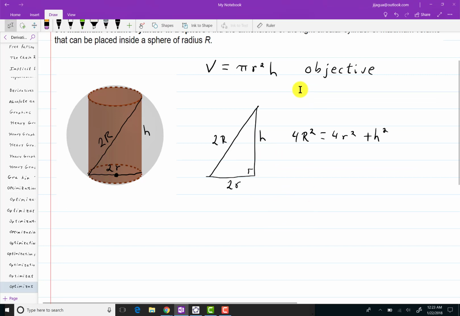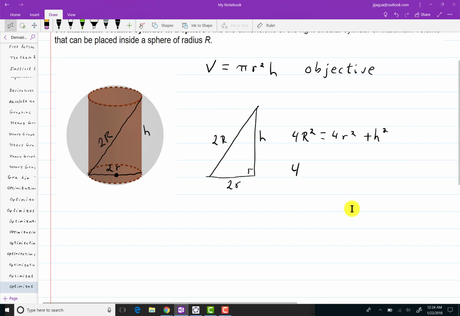Now, in the formula, I can replace either r or h. I think it'll be easiest to replace r squared because down here I already have an r squared. I don't have an h in here, so I don't want to bother with doing too much solving for the variable. So I'll solve this equation for little r squared. First I'll subtract h squared.